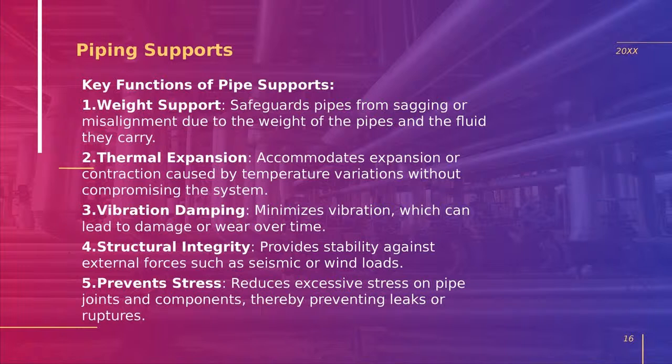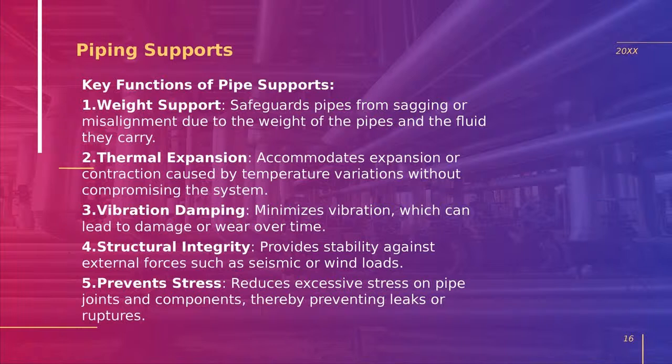The use of pipe support is to safeguard the pipes from sagging or any misalignment due to the weight of the fluid which it carries, and to accommodate thermal expansion, whenever we are expecting contraction and expansion, like steam lines and high temperature service lines.